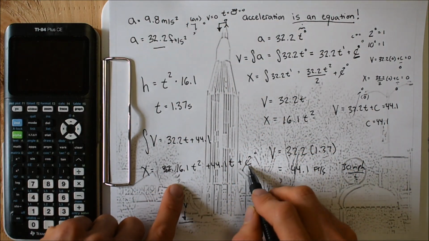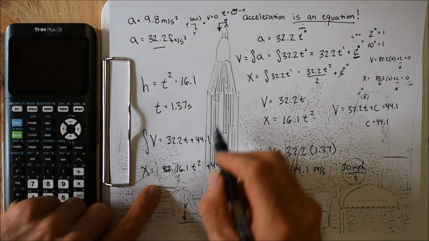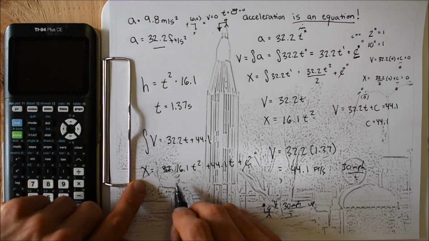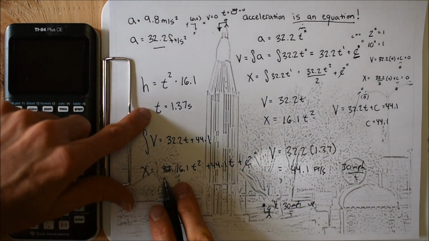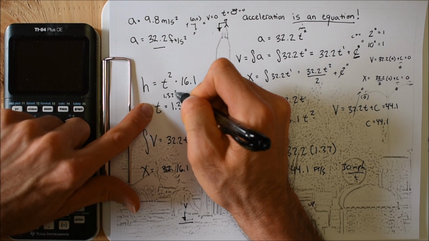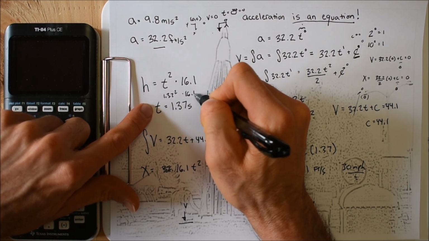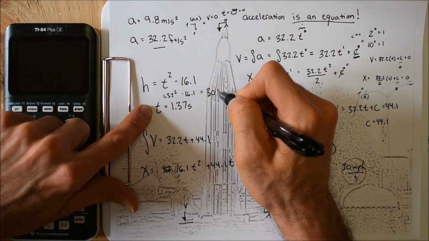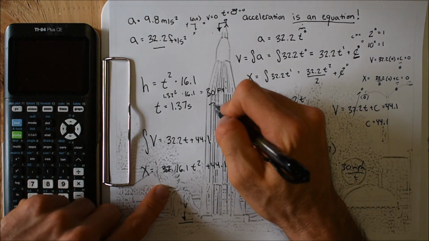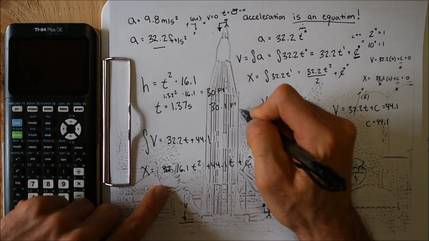So that's still 0, but because we threw it down, what do we know? Well, we already solved for our height. If you put in 1.37 squared times 16.1, you get about 30 feet, pretty much exactly. 30.1 feet is what you get.